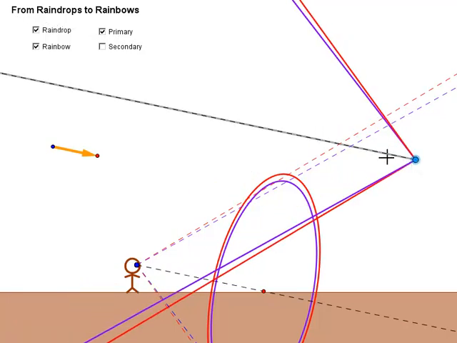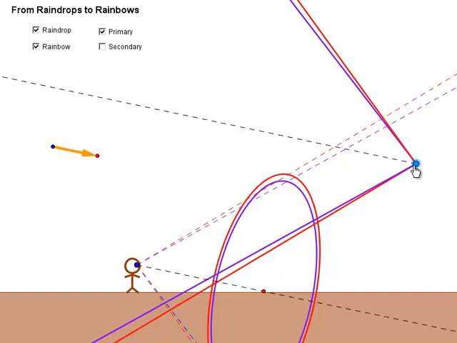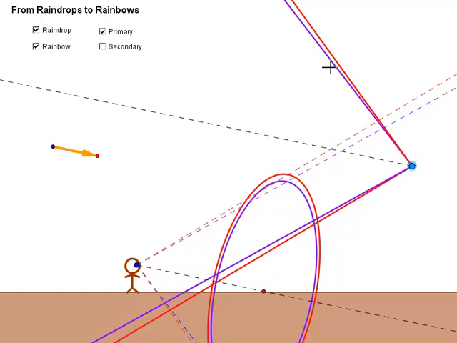Another thing I mentioned about the photograph was that the red had a fairly sharp boundary, and the violet edge of the bow had sort of an indistinct boundary. The reason for that is red light is being scattered all the way from this outer red boundary over to this red boundary. Okay, so you're getting red light throughout this larger cone. You're getting violet light throughout this smaller cone.